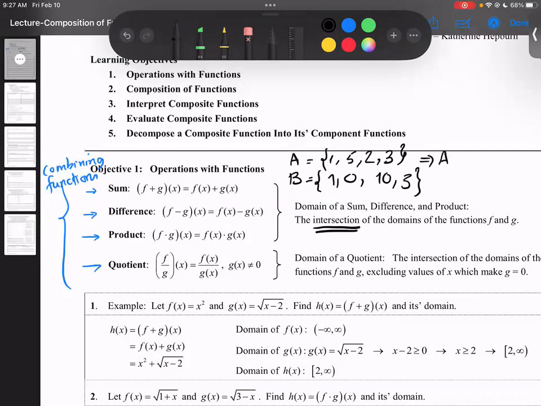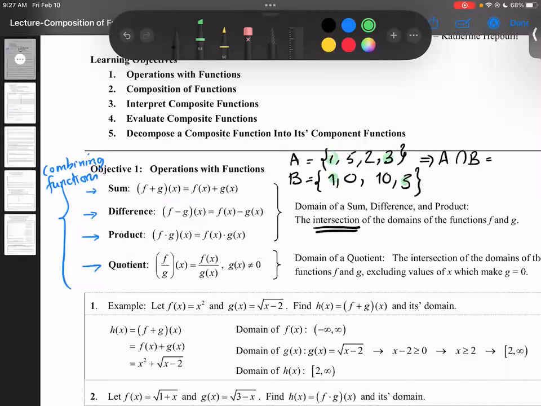Then A intersection B, that is the notation. If you don't like that notation, you can write A intersection B, but the upside down U means A intersection B. It's the common elements. So what are the common elements? 1 and 3, right?